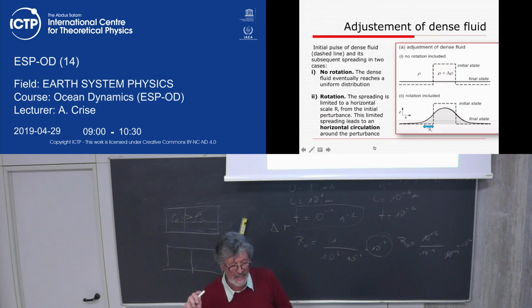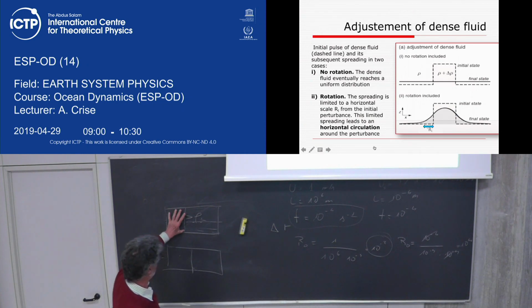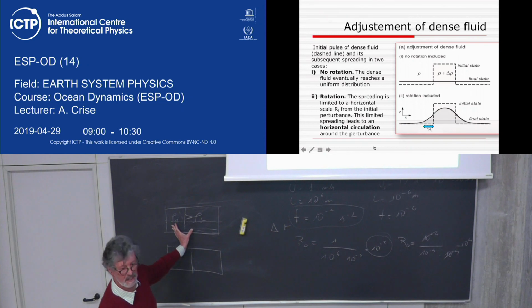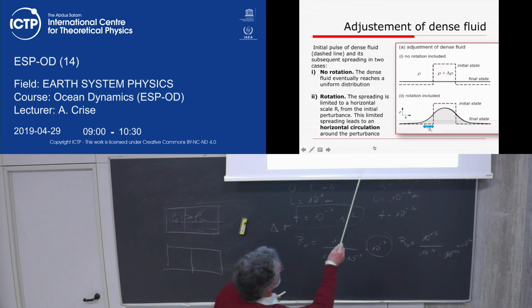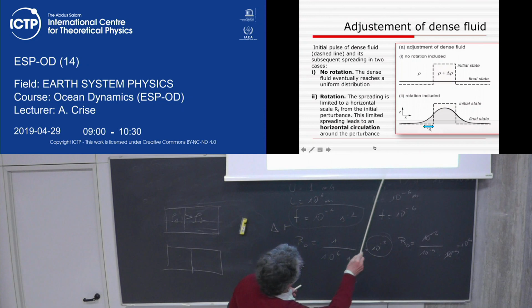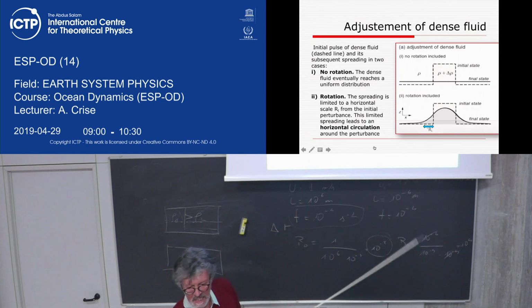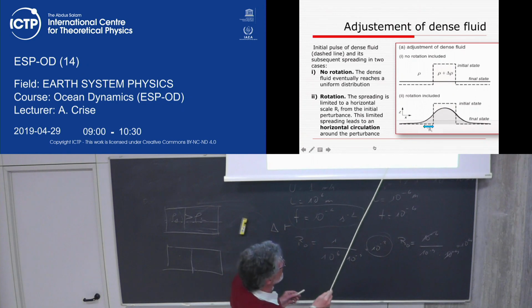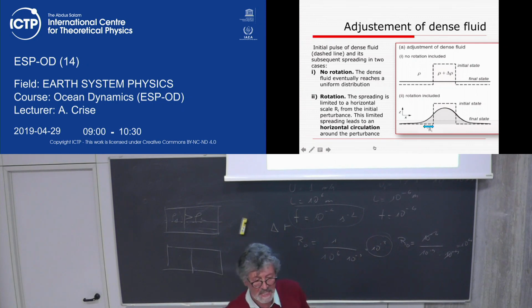So the current is no longer able to go naturally to cancel the density gradient, creating only stratification, which is the first case. In this case, you have some potential energy here that is released, but at the end, the final state is no longer the lowest potential energy state.